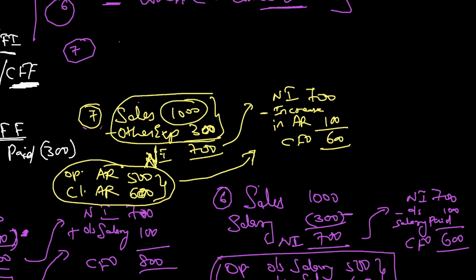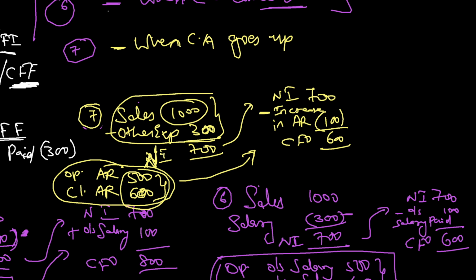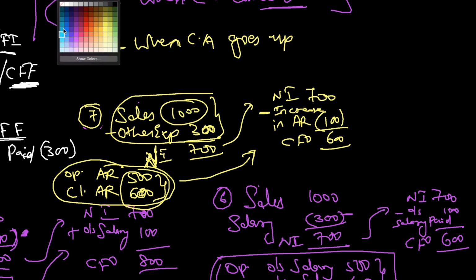So moral of the story, minus when current asset is going up. When current asset is going up, you should minus, because here current asset is going up, I am doing the reduction over here.